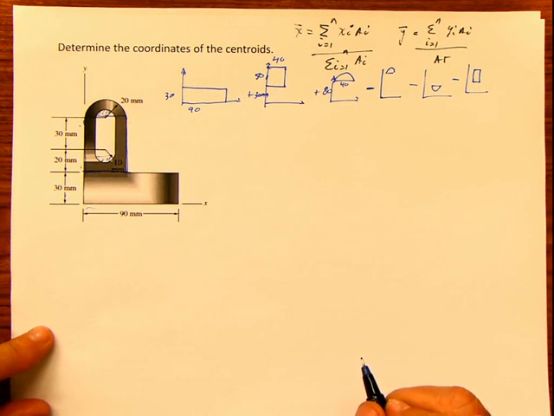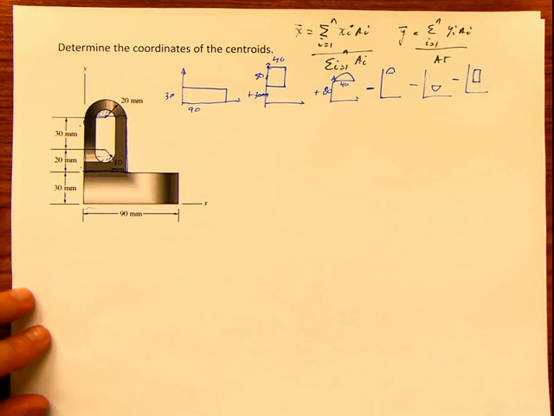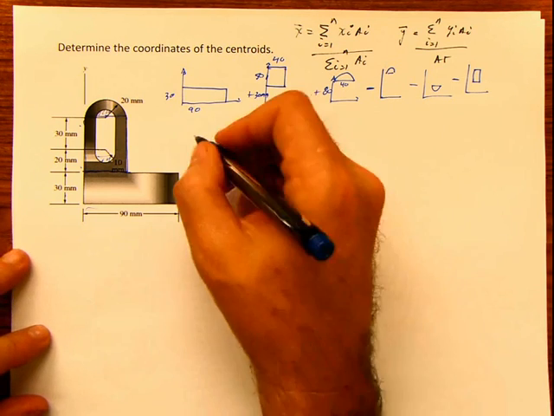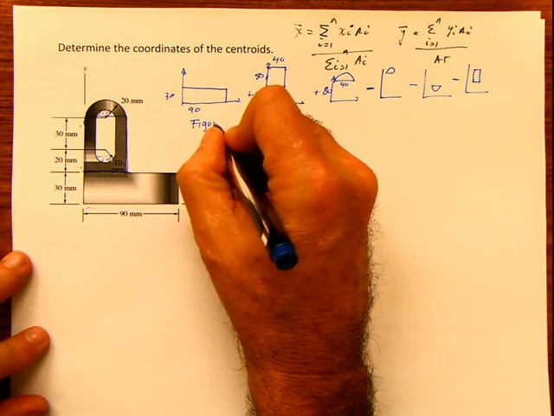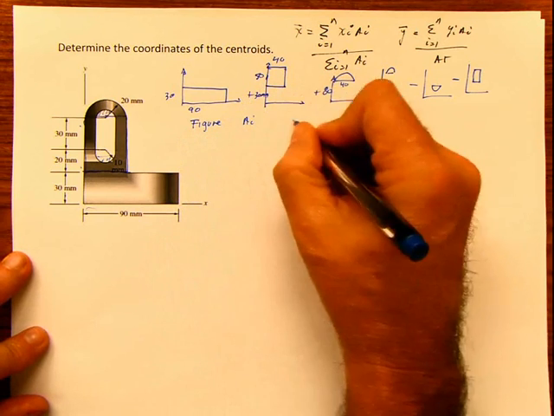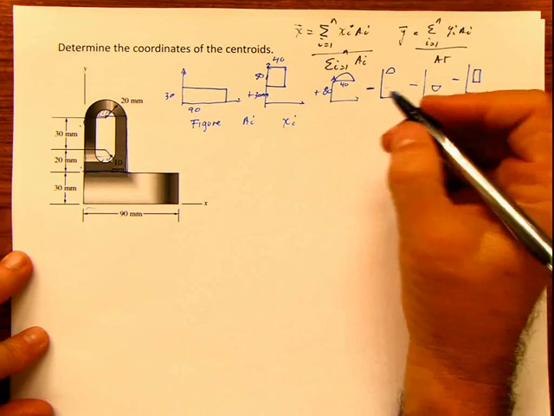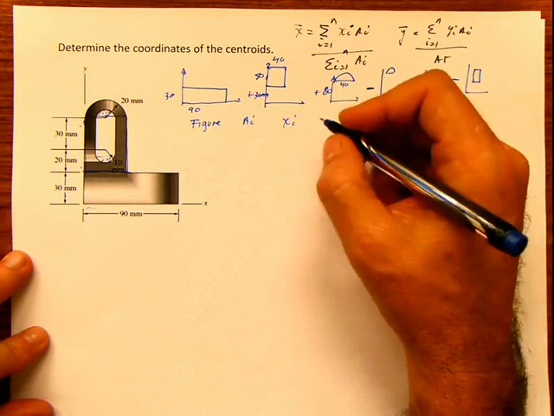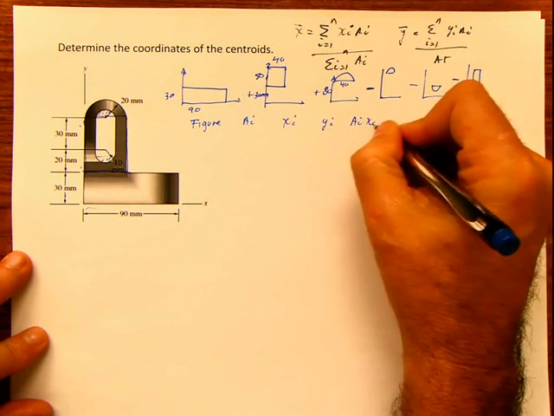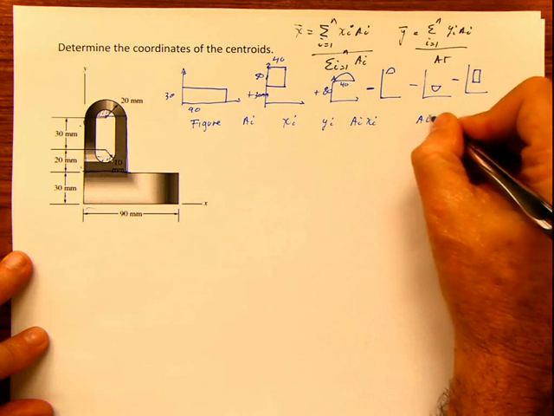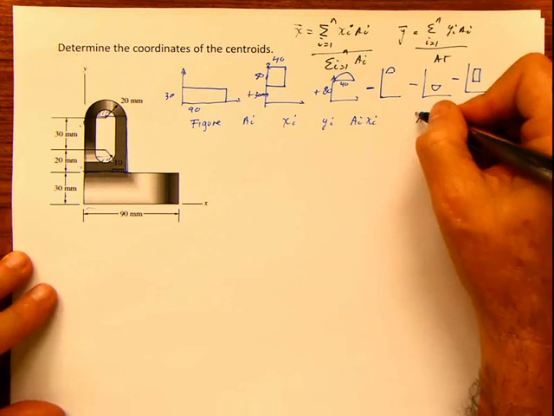That's what I have to do, and this is the way we are going to be solving this problem. So let's start from the beginning, with the columns: figure, Ai, xi, yi, Ai xi, and Ai yi.